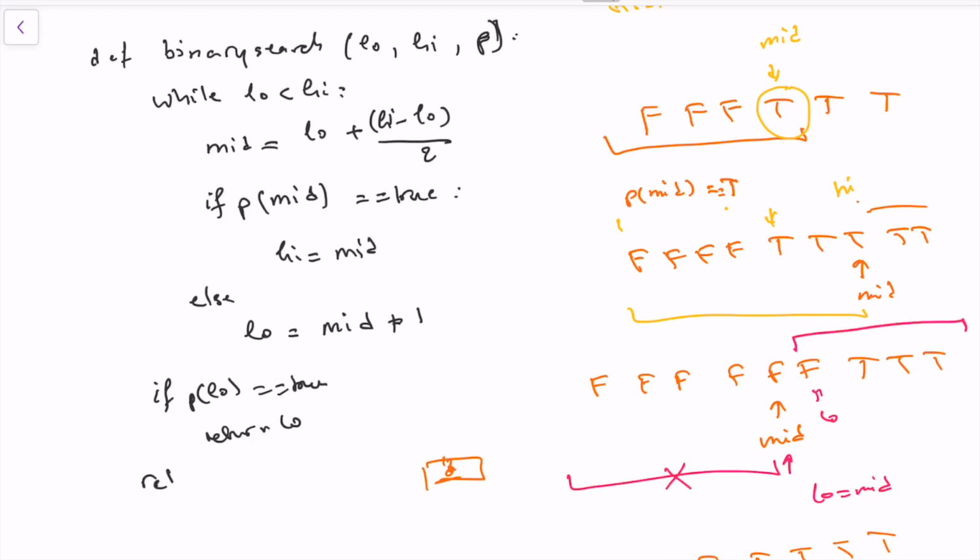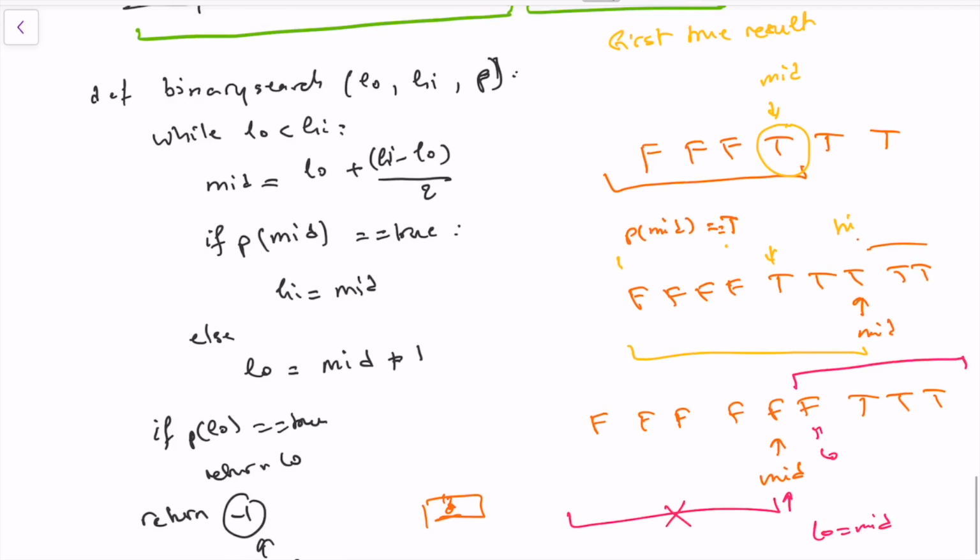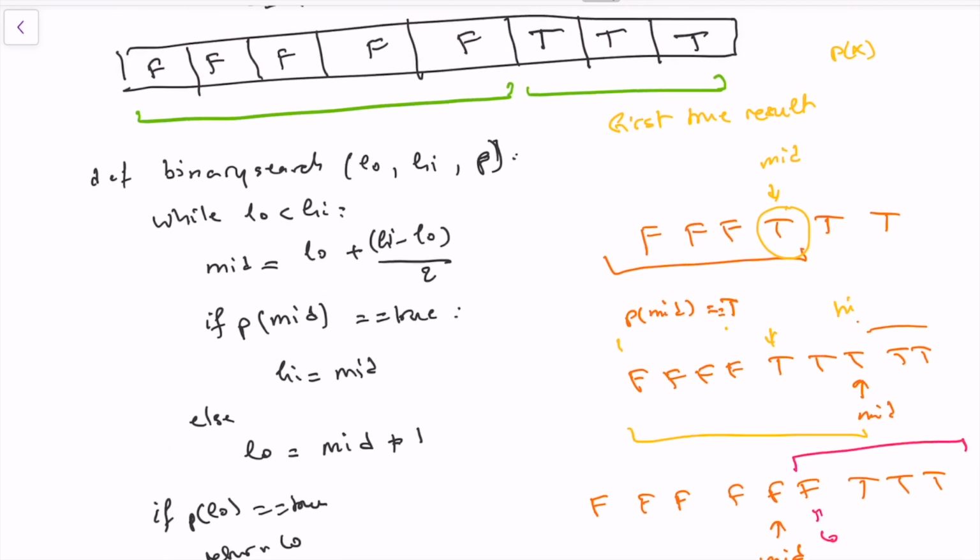Or we can just return -1, or whatever placeholder the problem asks to return when there is no solution. And so this is the general algorithm when you want to find the first value for which P of X is true.